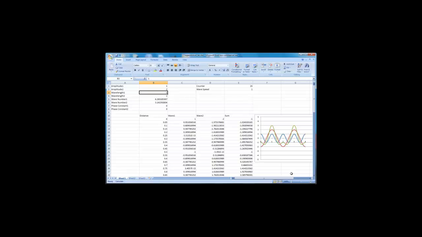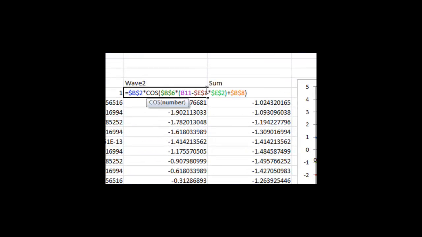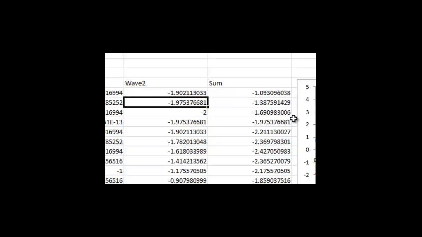Lastly, we will modify the equation for wave 2 so that both waves travel in the same direction. Simply change the minus sign, subtracting the wave speed in the counter, to a plus sign. Drag this new equation down to the last entry.